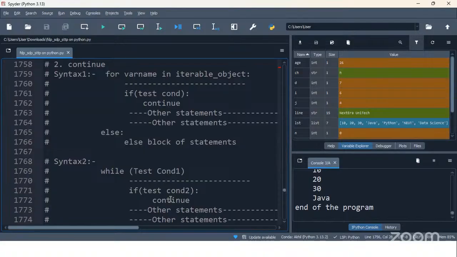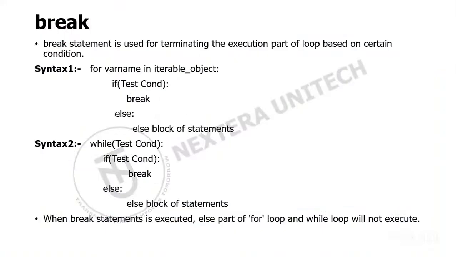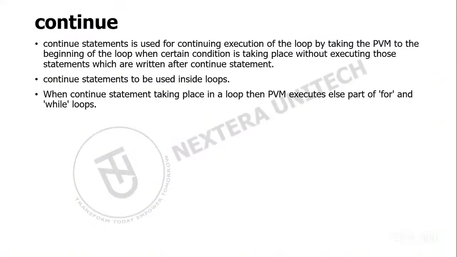Let us understand continue, guys, the second statement. Break is terminating the execution. Then what does continue do? Continue, whenever the condition is met similar to break, instead of terminating, it is only skipping the iteration.